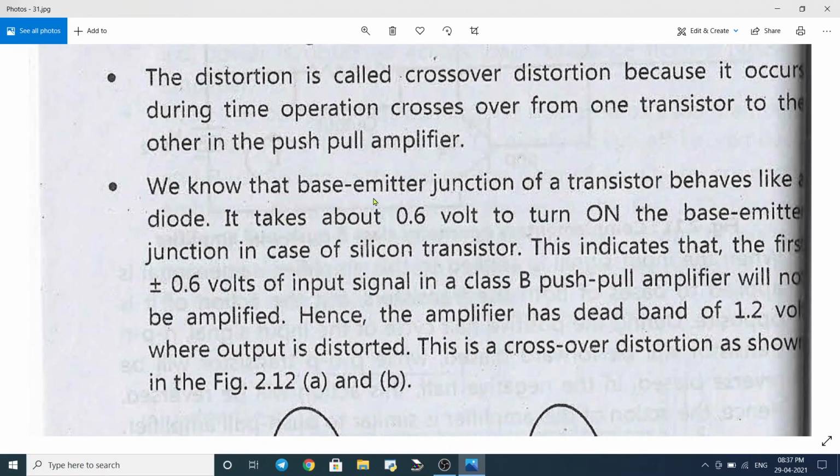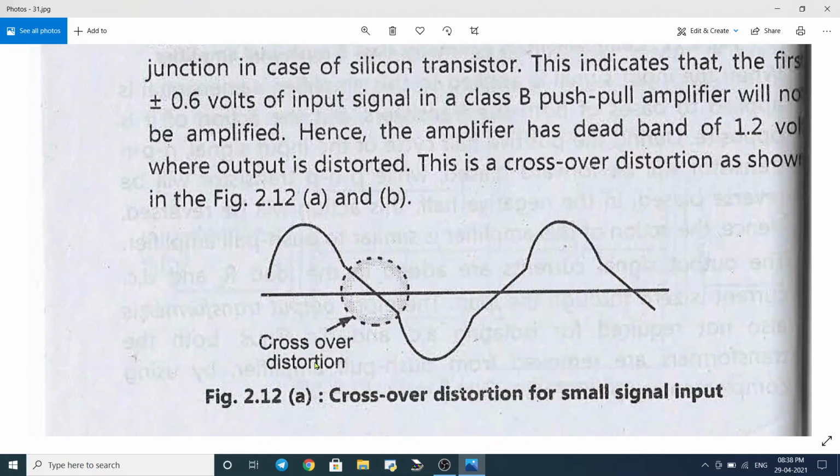And as we have discussed, the base emitter junction takes 0.6 volt to turn on. Now this indicates that as long as the input signal is within plus or minus 0.6 volt, the class B push-pull amplifier will not amplify the input signal. That means there is a dead band where the output is distorted.